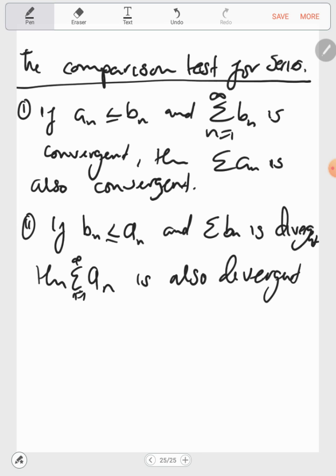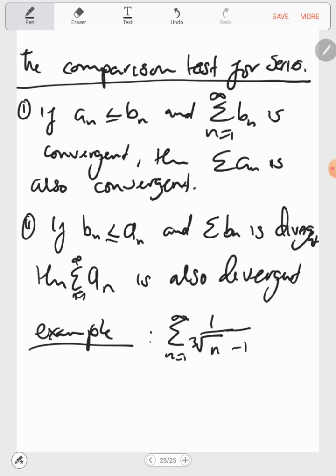Yeah. So, an example. Let's have the sum of 1 over the cube root of n minus 1. We can compare this to 1 over n.